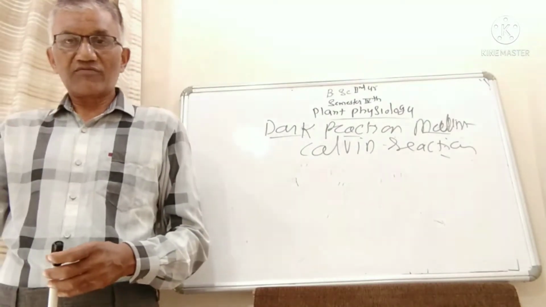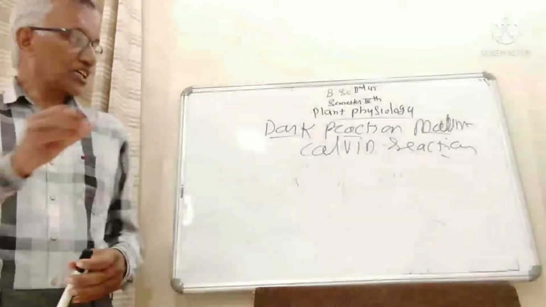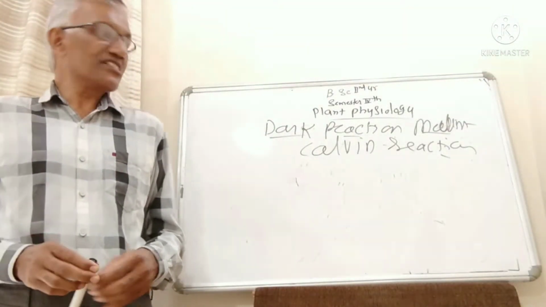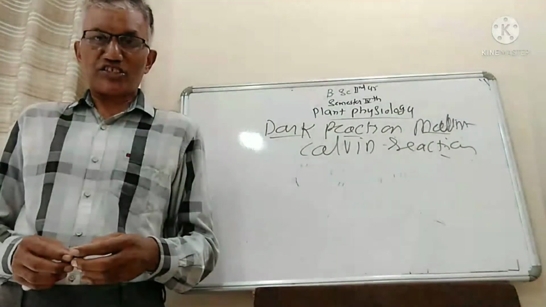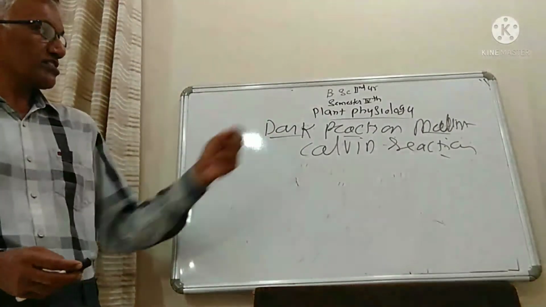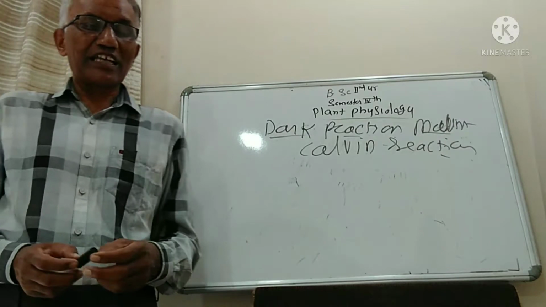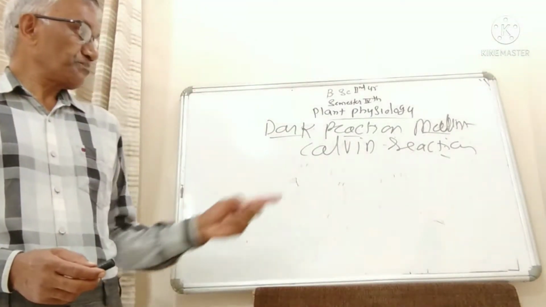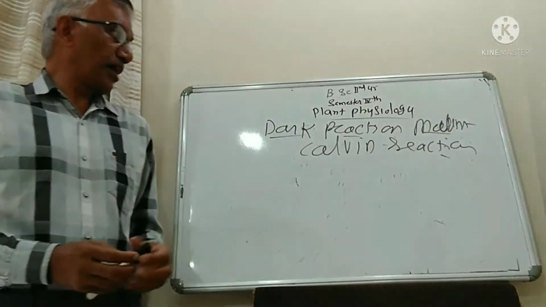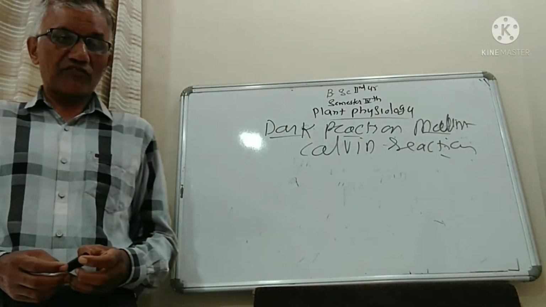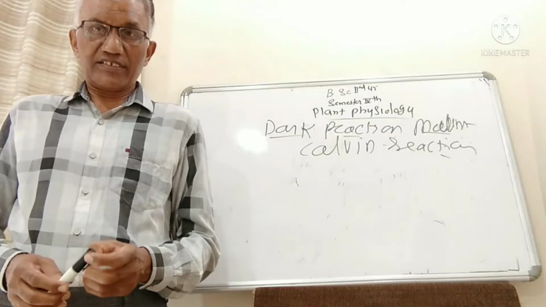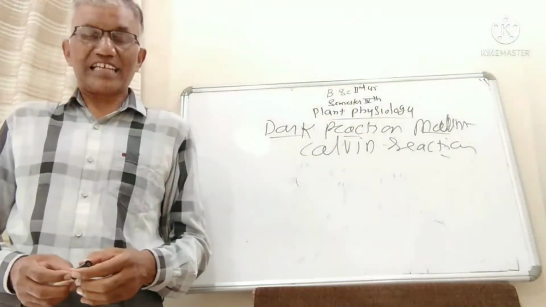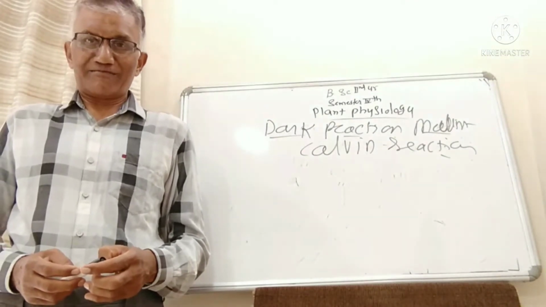What are the different enzymes required in each step of the reactions which take place during carbon dioxide fixation? This has been first shown experimentally, by using isotopes of carbon dioxide, by a scientist Melvin Calvin in the year 1961. Therefore, this process or this reaction is named the Melvin Calvin cycle.